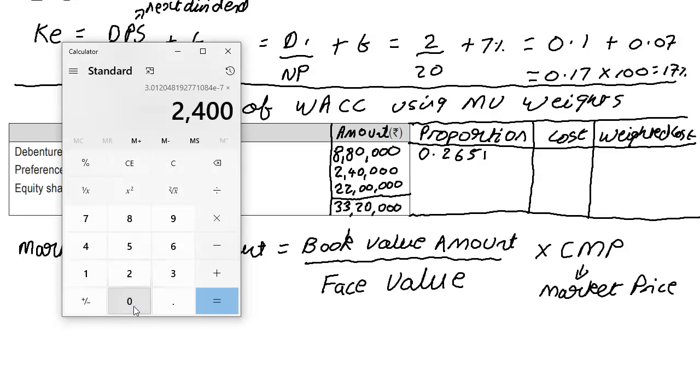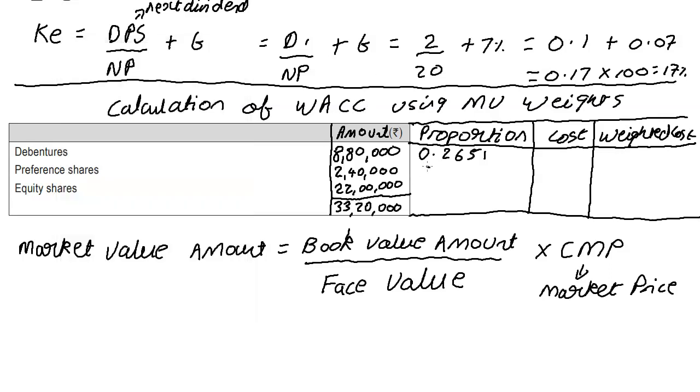We have 2,40,000 upon 33,20,000, which is equal to 0.07228, and that will round up and therefore we end up with 0.0723.